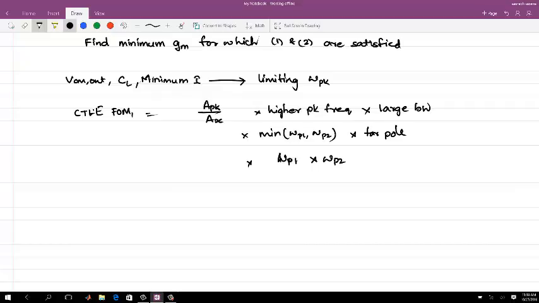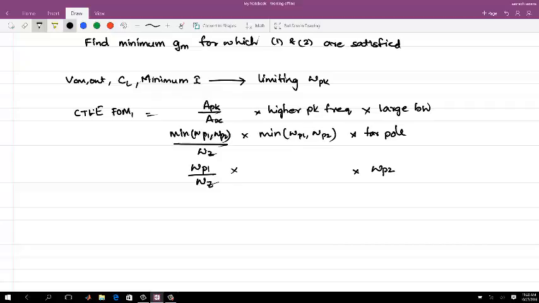This is coming to a different figure of merit actually. So this is the minimum of omega P1 by omega Z, and you have the far off pole omega P2.